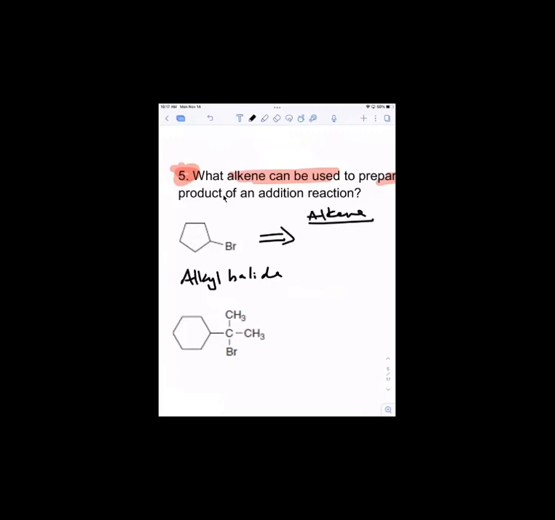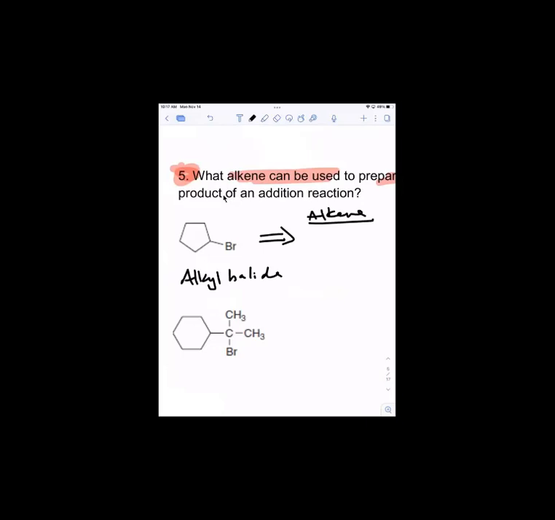When you hear the term alkene, what does that mean? Compound with a double bond. What have we recently studied?